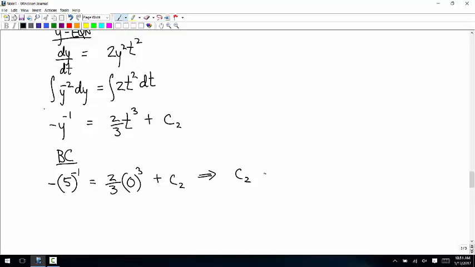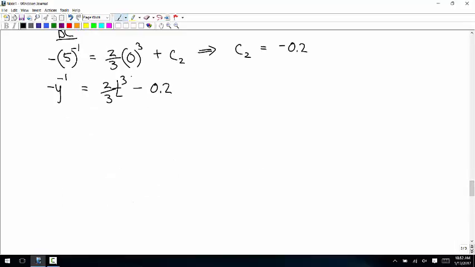So c2 is equal to negative 1/5 or negative 0.2. So negative y to the negative 1 is equal to 2/3 t cubed minus 0.2.